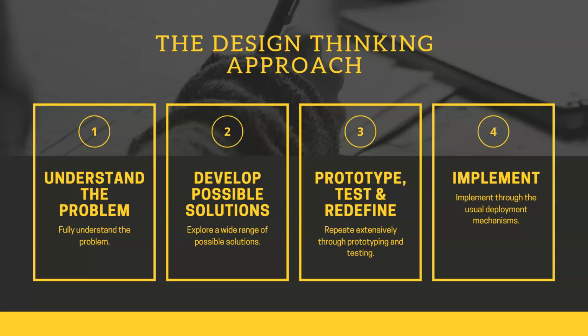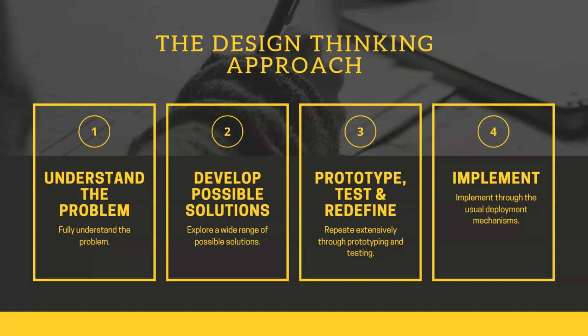So the first step is we need to fully understand what the problem is by listing all the requirements from the stakeholders. Stakeholders here mean that we need to look at for whom we design the products or for whom we design the missions.